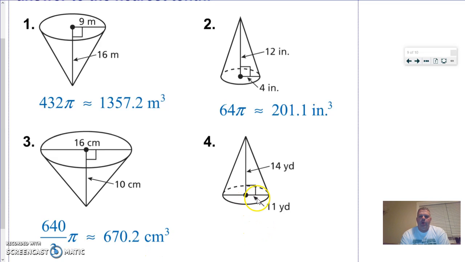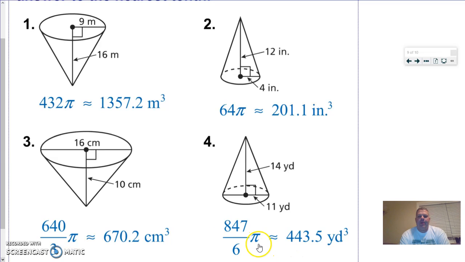Our last example, 5½ squared gives us 30 and 1/4. When we take that times 14, we get 423½, and then we must divide by 3, and therefore we will get 847 divided by 6 pi, or when I divided it out on my calculator, I got 141.16 repeating.